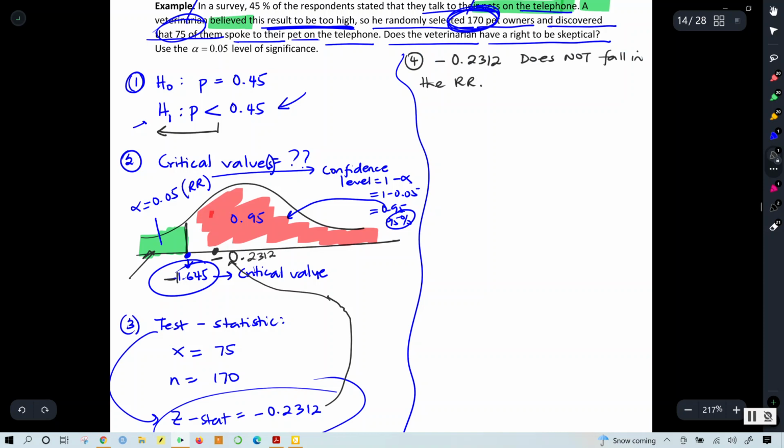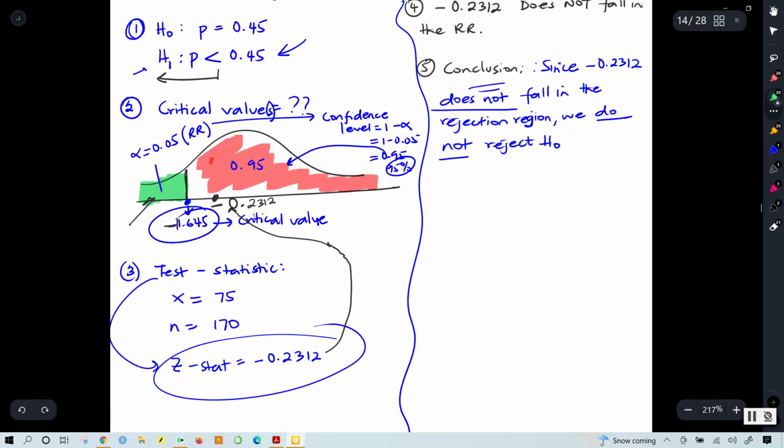What does that mean? We're ready to draw a conclusion in this case. And our conclusion will be that since negative 0.2312 does not fall in the rejection region, that means we are also not going to reject the null hypothesis.